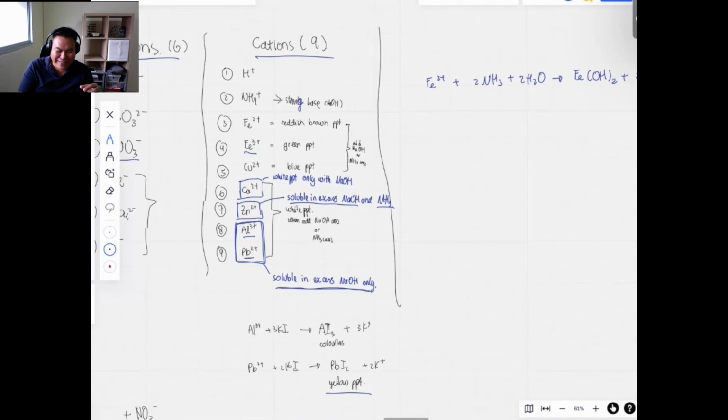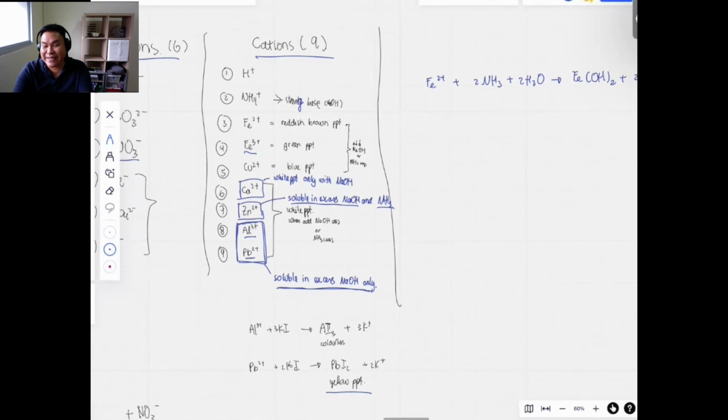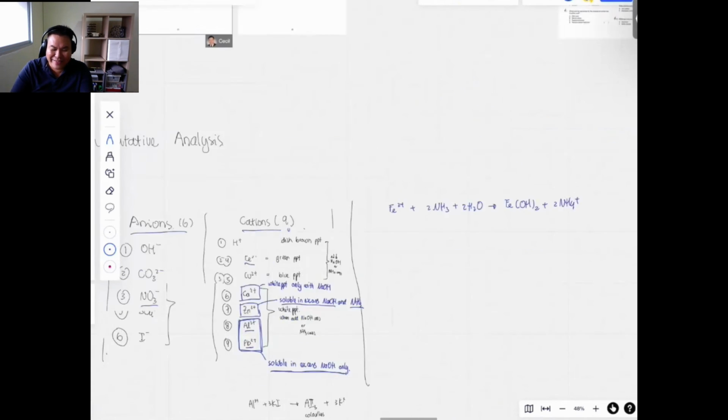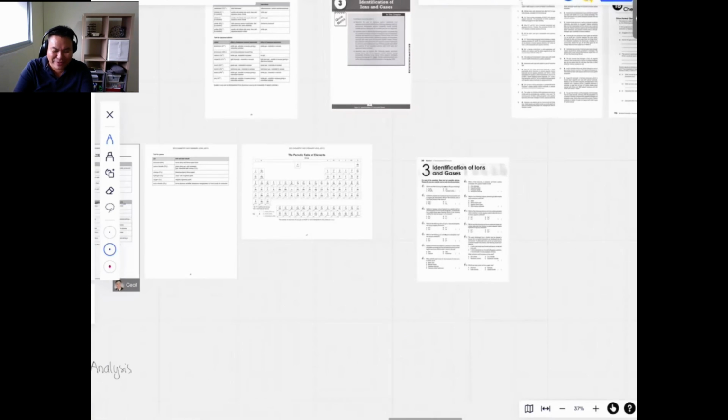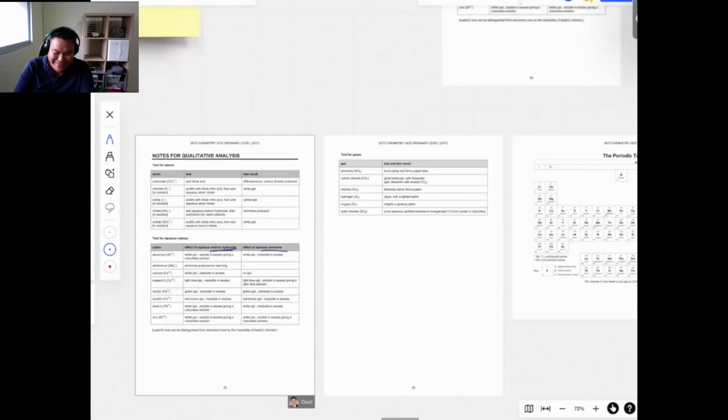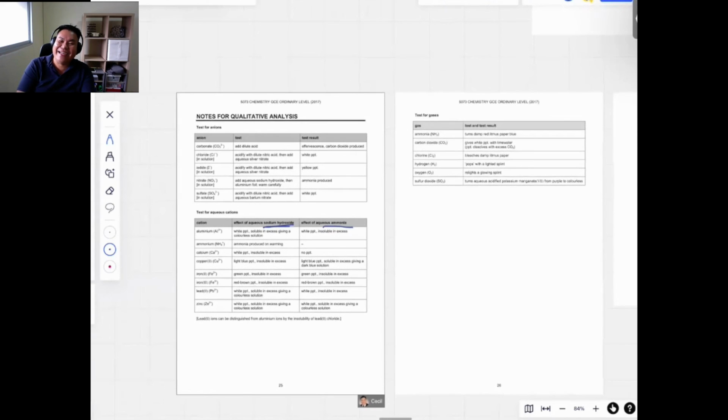These nine, please memorize at home. Next lesson I will test you one by one, and the solubility table also. Solubility table and reactivity series. If you forget the reactivity series, you're going to lose marks, and they don't give you the list on the exam.